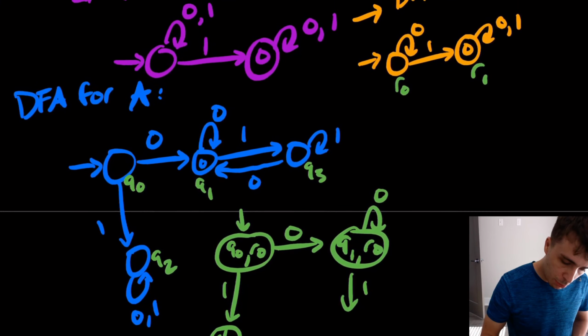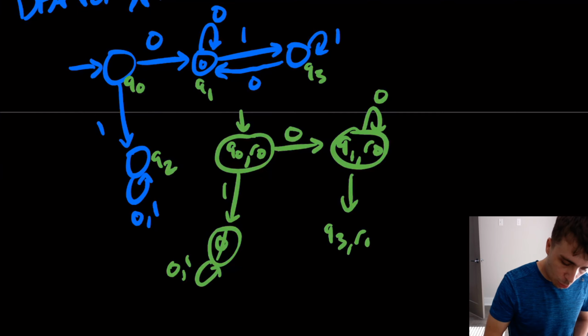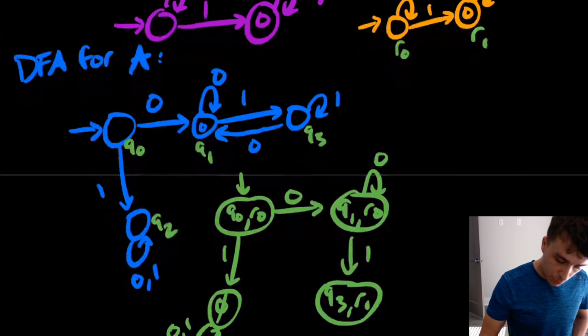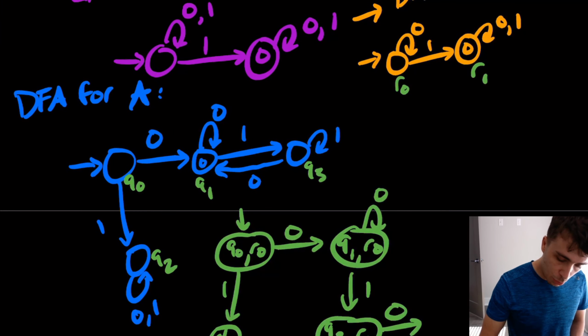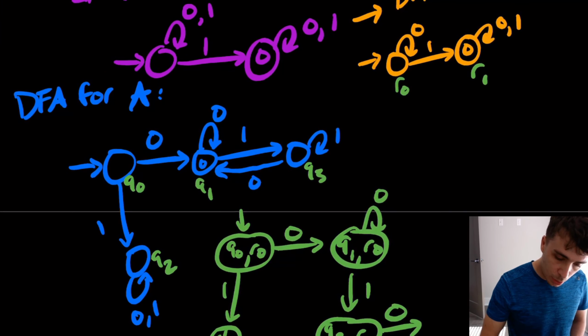Then Q3 R1 on 0, where do I go? I go back to Q1, R1 goes to itself. So that means I go to Q1, R1.